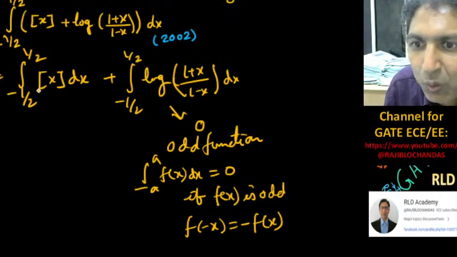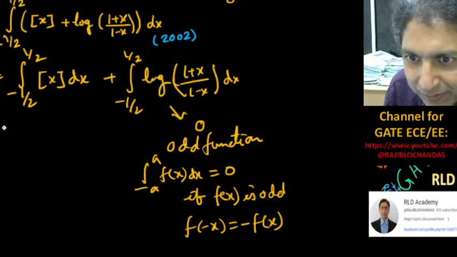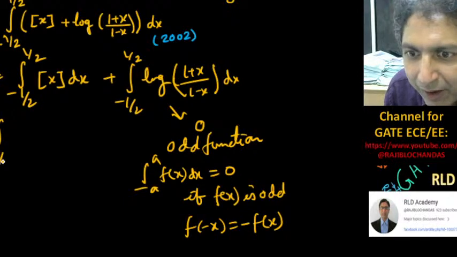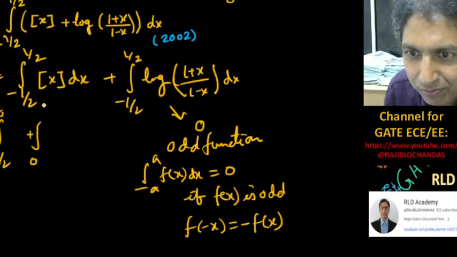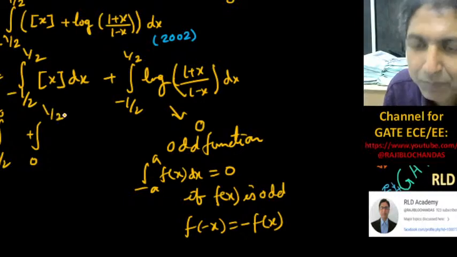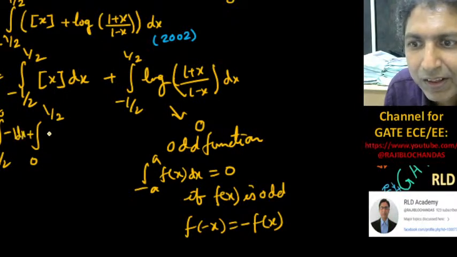And now for this one, just break it into two regions. One is -1/2 to 0, then 0 to half. Okay, within the negative side it is -1 into dx, with the positive side it is 0 into dx.